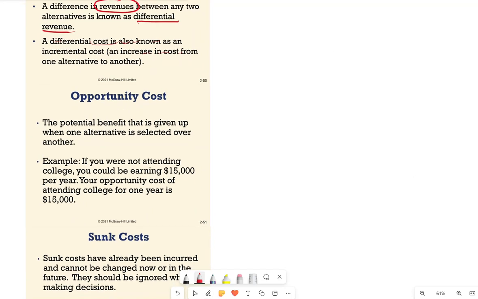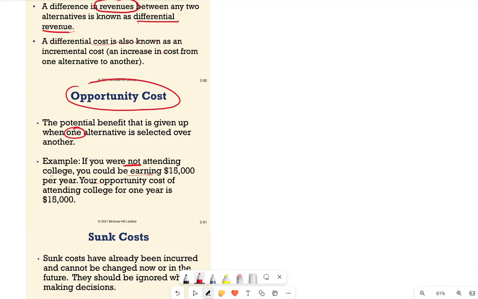A differential cost is also known as an incremental cost, an increase in cost from one alternative to another. Next, we're going to learn all about costs in this chapter. Opportunity cost: you gave up something to get another. It is the potential benefit that is given up when one alternative is selected over another. For example, if you were not attending college, you would be earning 15,000.